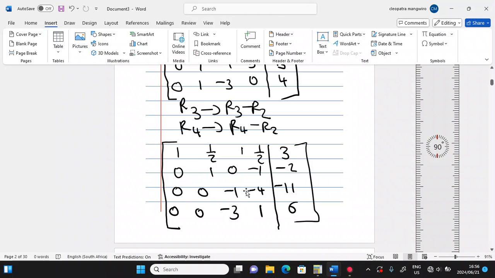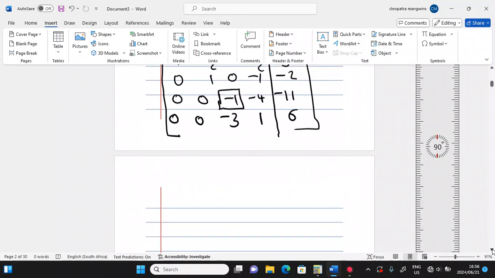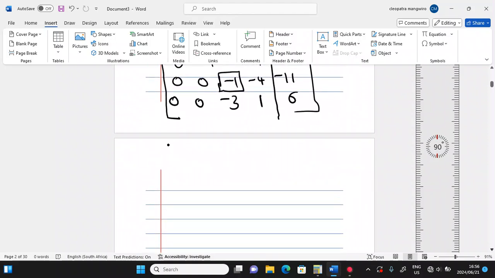Now we want to make this entry a pivot so that we can reduce the one below to 0. So we say row 3 is given by minus row 3.